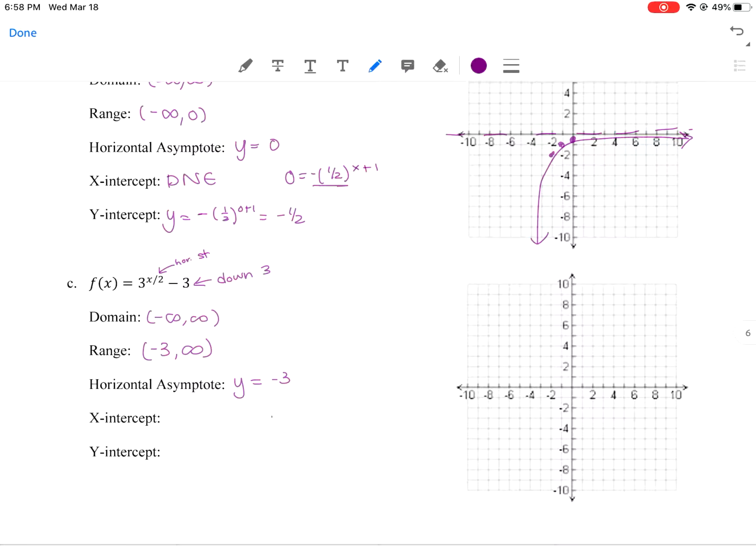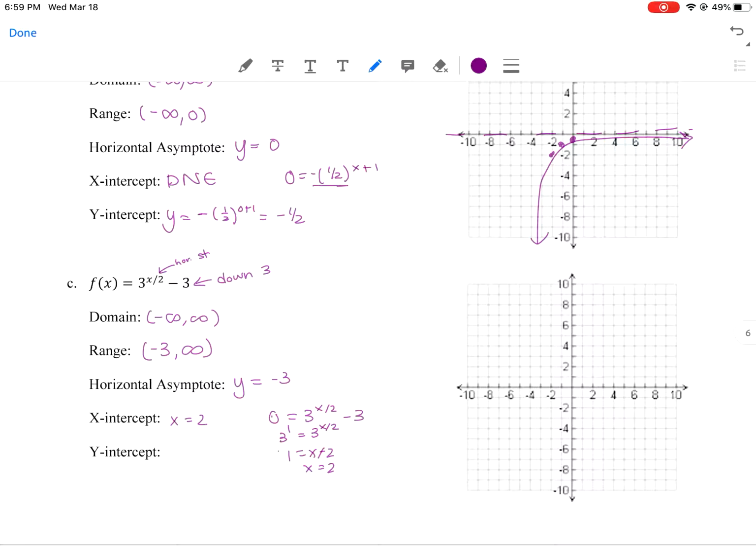So let's see if there's an x-intercept. We're saying 0 equals 3 to the x divided by 2 minus 3. Add 3 to both sides. Whether you use your definition of log or you say, oh, hey, 3 to the first is equal to 3, and then you set the exponents equal, either way you should get your x-intercept is at 2.